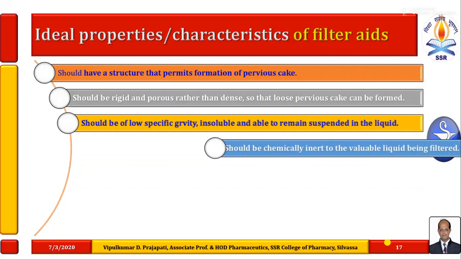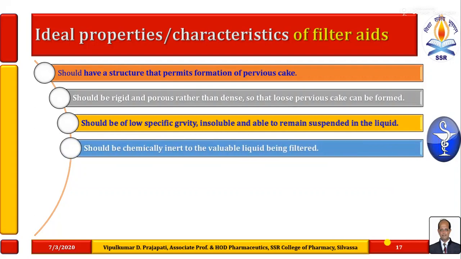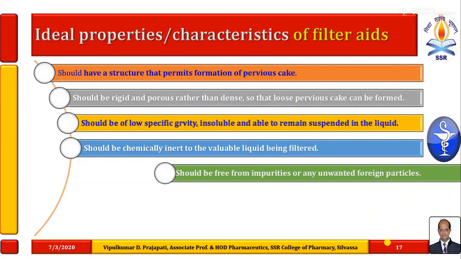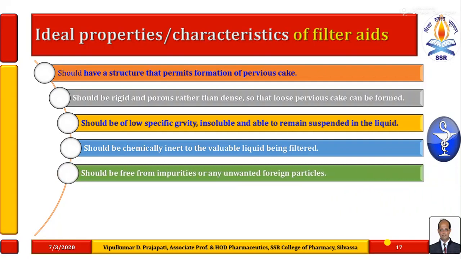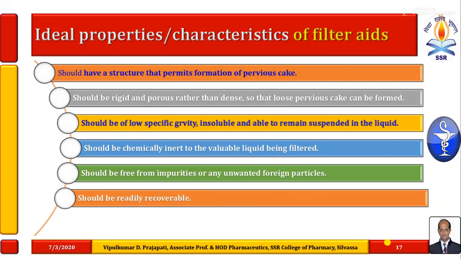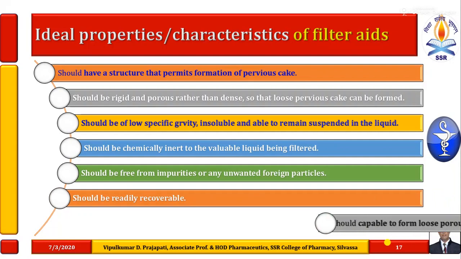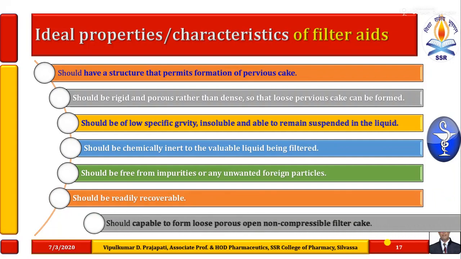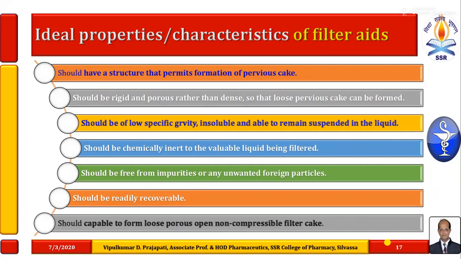It should be chemically inert to the valuable liquid being filtered. So it is widely used when clarification is required as a unit operation, and clear liquid is required as an end product as a filtrate. It should be free from impurities or any unwanted foreign particles. It should be readily recoverable. It should be capable of forming a loose, porous, open, non-compressible filter cake.